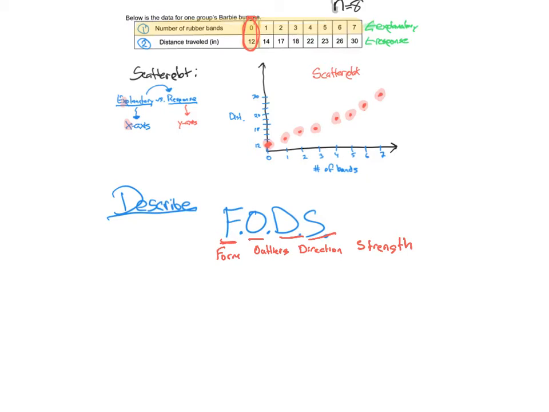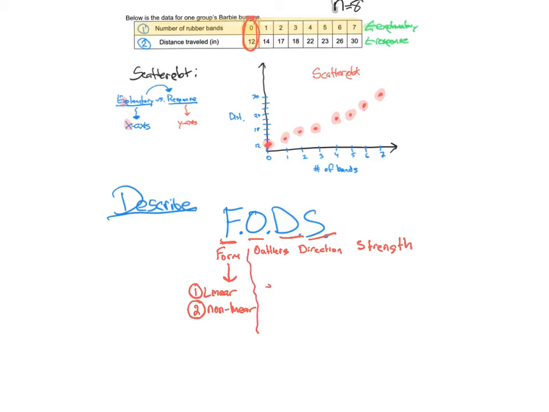Let's get into it. Form: you're either going to have number 1, linear, and it can be roughly linear, but is it kind of linear? Or we're going to have nonlinear. Let's just categorize it into one of those two forms.